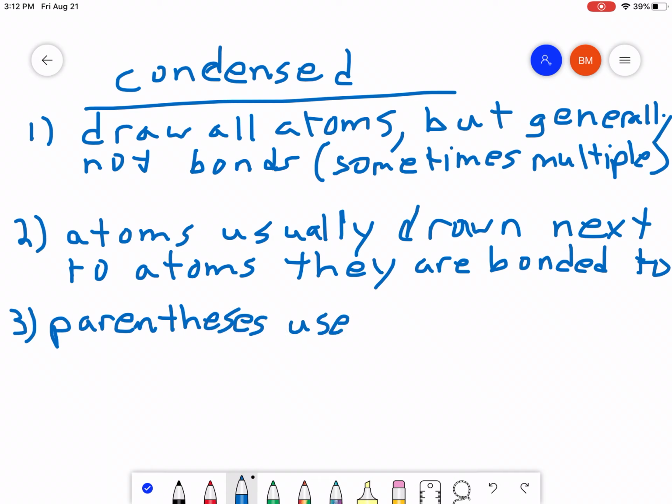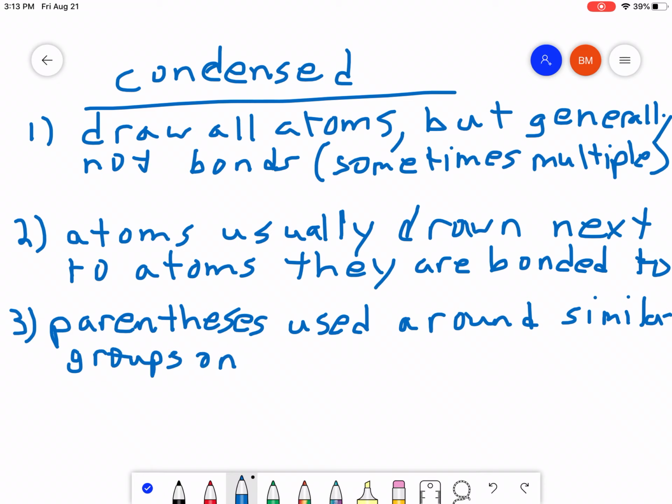Parentheses are used around similar groups on the same atom or similar groups in a series.